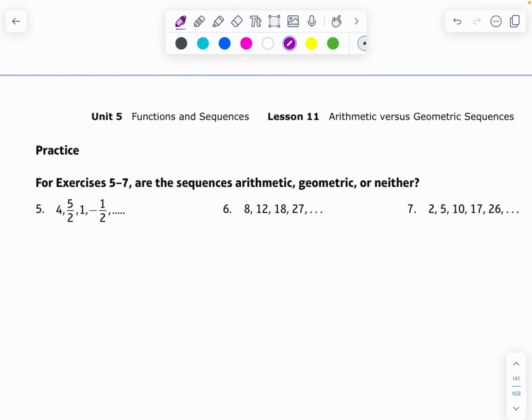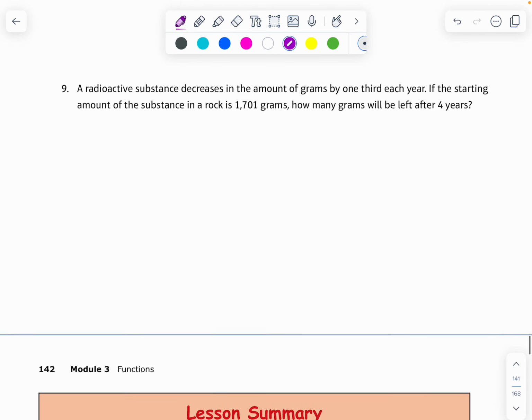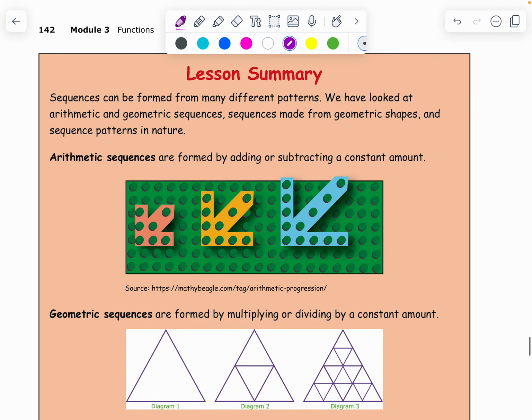Let's decide, do you think these are arithmetic, geometric, or none of the above? All right, give those 3 a turn. And you're all set. And if you're looking for more examples, look at this. Here's a little lesson summary to wrap it up for you.